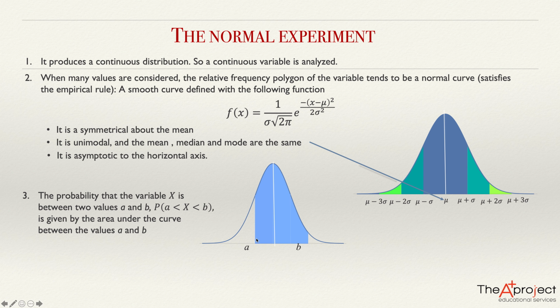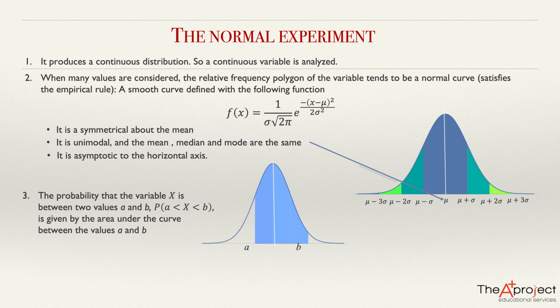The probability is just the area under the curve between the two values I'm looking for, A and B, for example. And I told you before that if I have the possibility of knowing all the areas, I will have the possibility of finding the probability that the variable x falls in whatever special region.